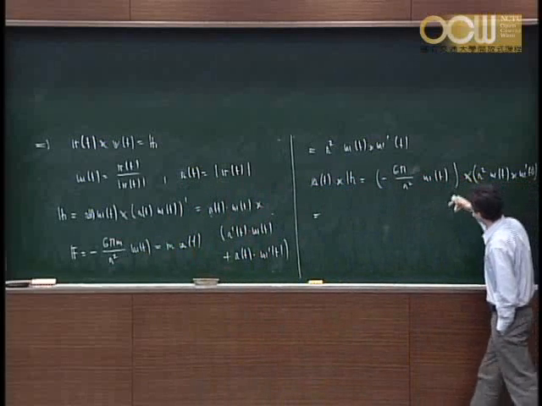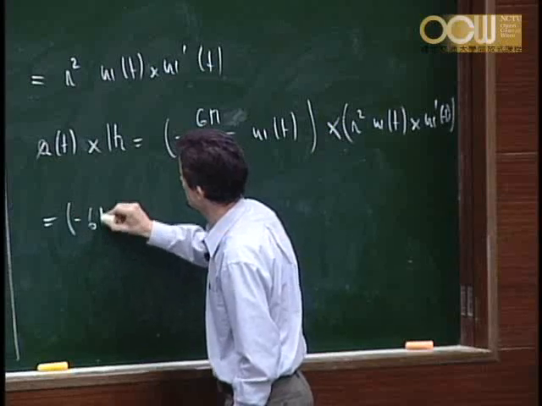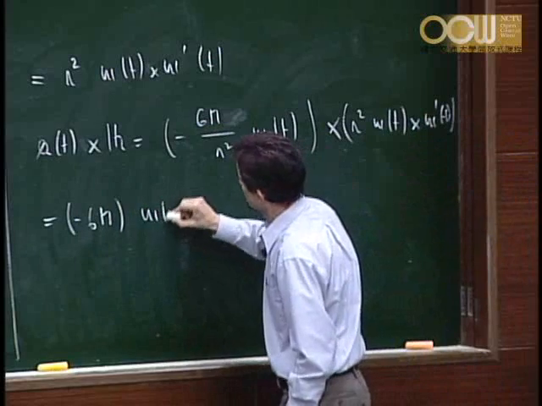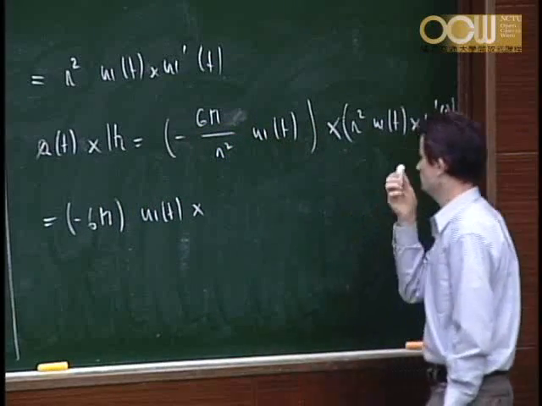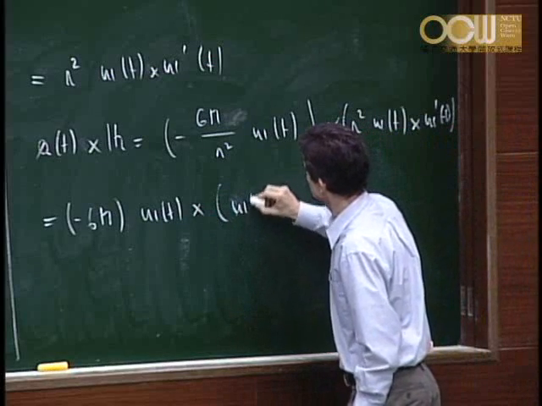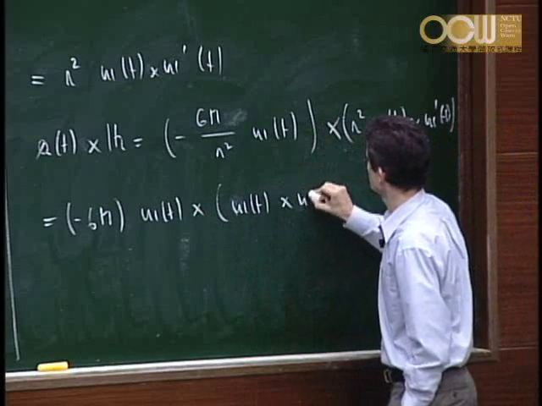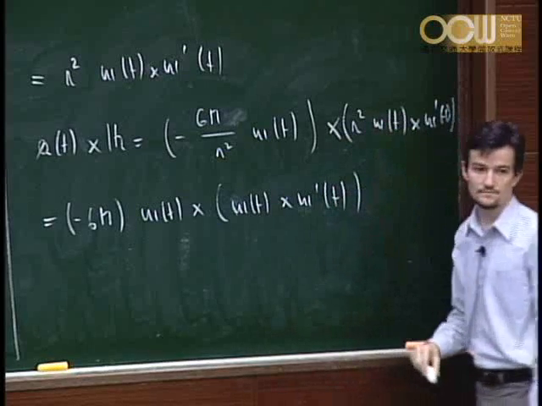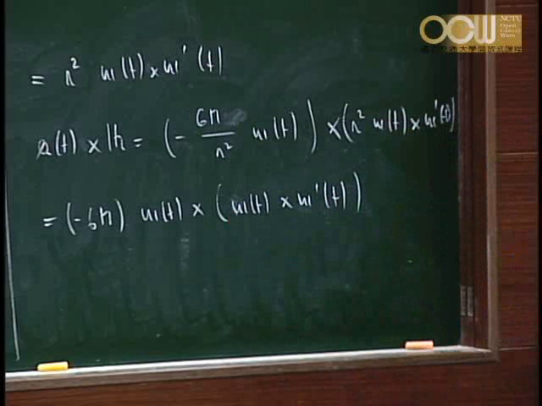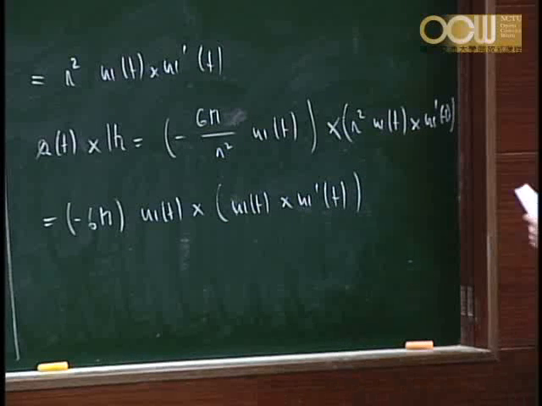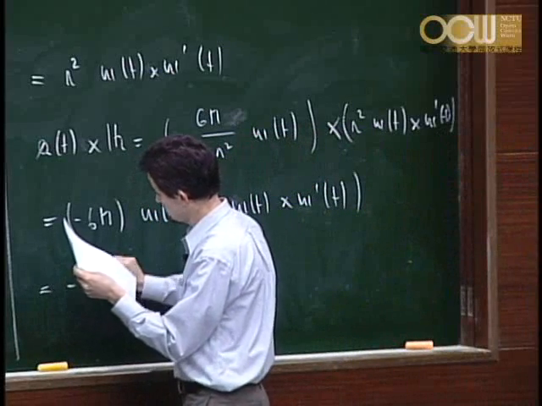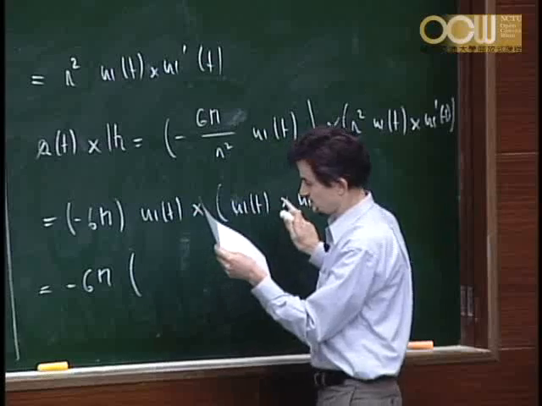Okay, so I can take out the constant. So what I get is minus GM. This is the constant. And then what I have left is the cross product of u of t with the cross product of u of t and the derivative of u of t. Now, for this one, last time I have shown you a funny rule. So here we have minus GM, and then you can rewrite this.